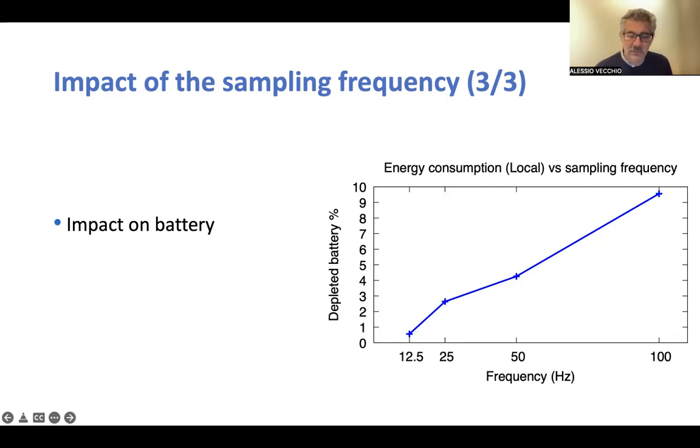We can go down to, let's say, 2.5, 4.5 percentage points per hour. It's not so bad. Obviously, going down to 12.5 Hertz provides larger benefits in terms of energy consumption, but we saw that this frequency of operation does not provide results that are good enough in terms of authentication accuracy.